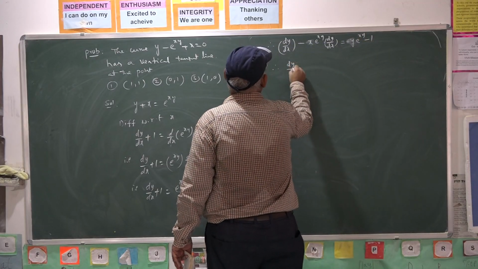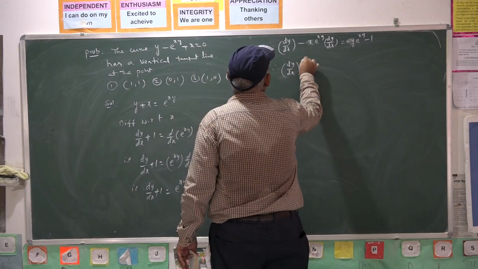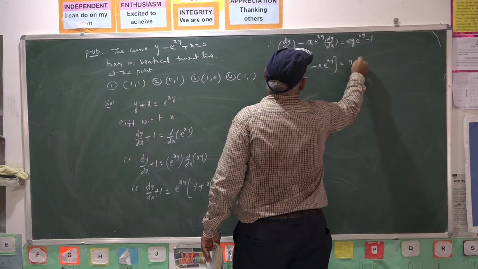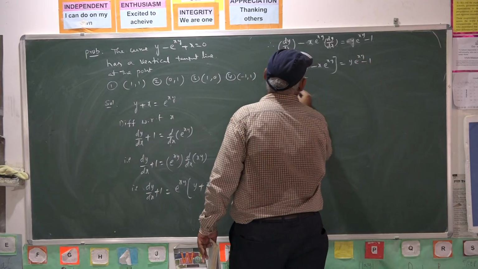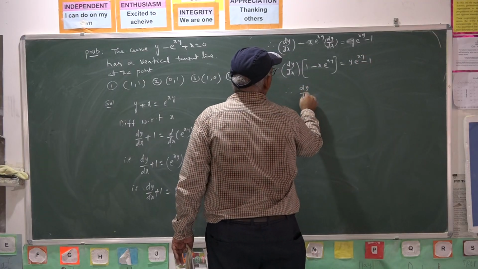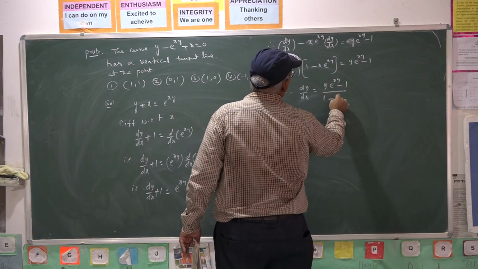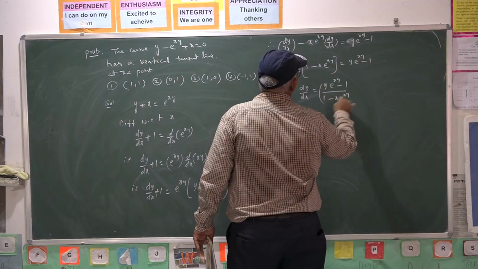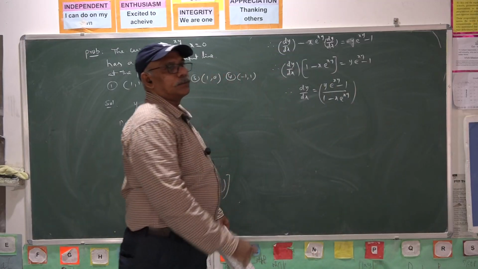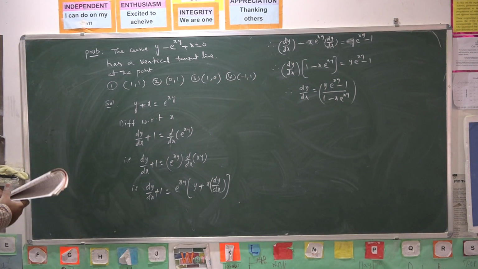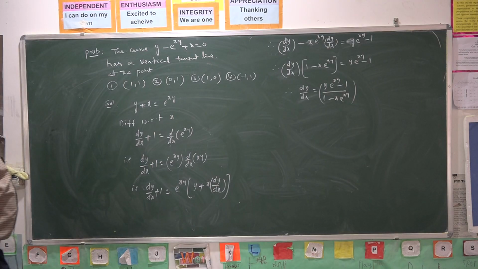So taking dy by dx common here, you get 1 minus x e power xy equal to y e power xy minus 1. dy by dx is (y e power xy minus 1) by (1 minus x e power xy). This is our derivative. Here the derivative of the curve dy by dx is (y e power xy minus 1) by (1 minus x e power xy).